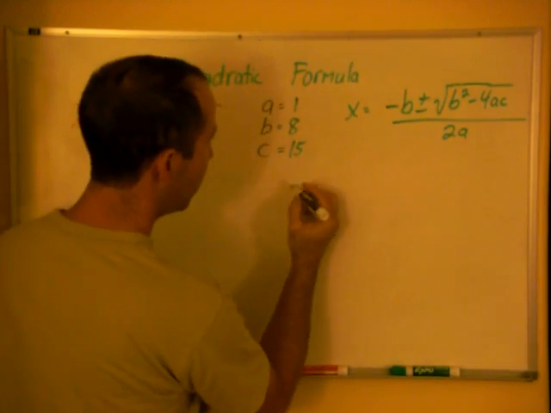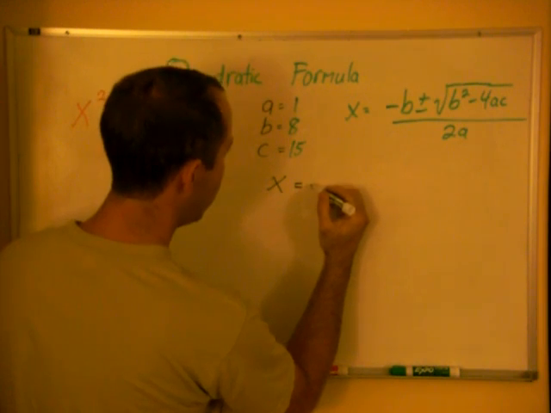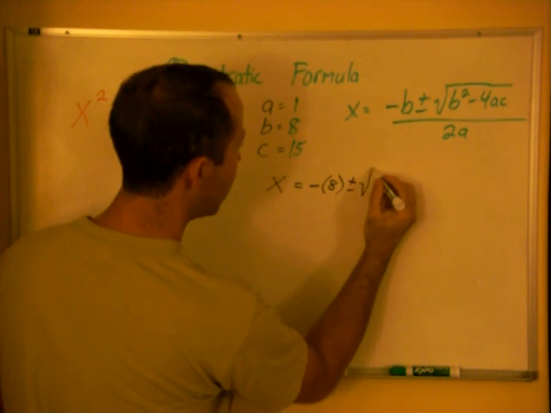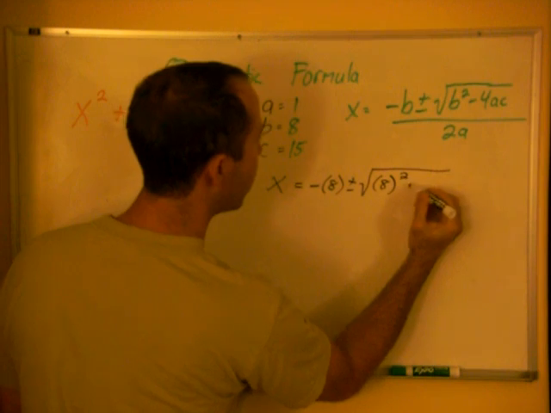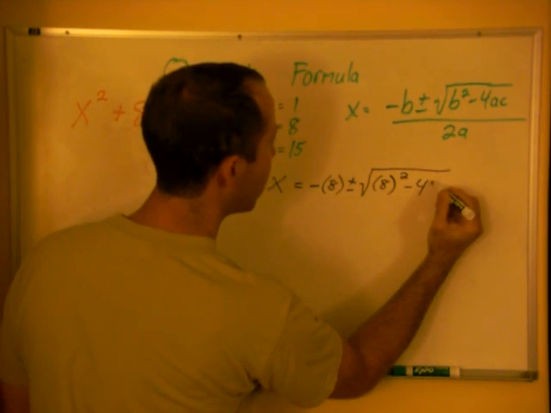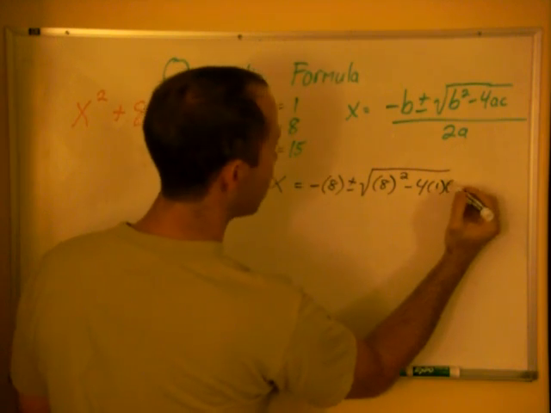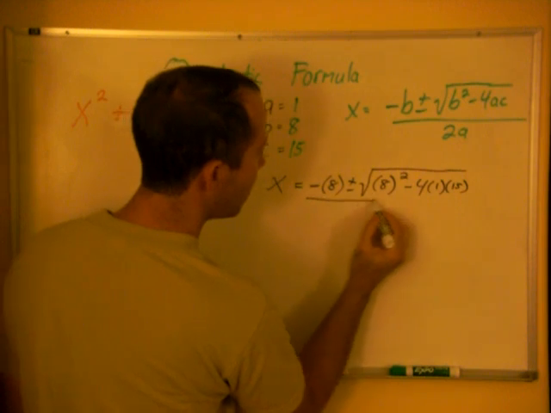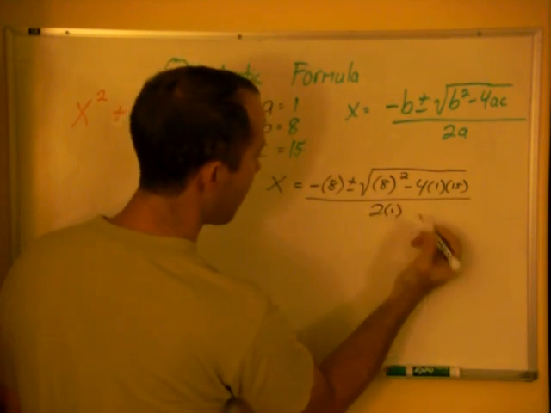Okay, we got x equals negative 8 plus or minus the square root of 8 squared minus 4 times a, which is 1, times c, which is 15, all that over 2 times a, which is 1.